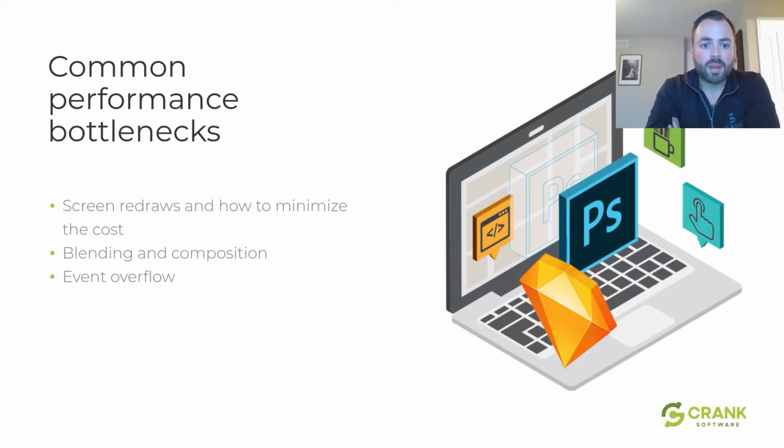Fundamentally, you're converting your UI content, so your images, your text, your filled colors or canvases, things like that, and you're compositing them, mixing them, and converting them into pixels that are written to a display buffer and then transferred to the LCD.